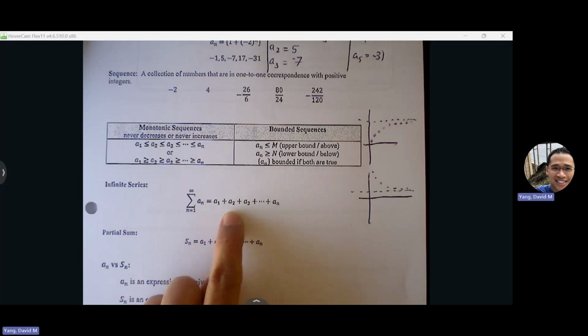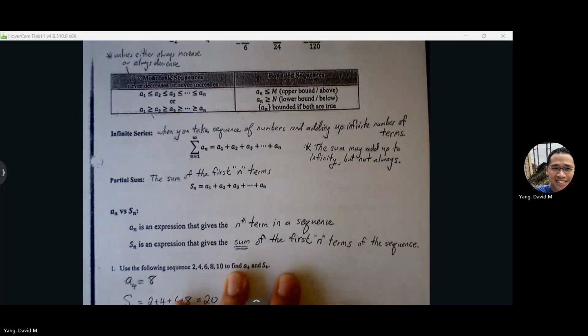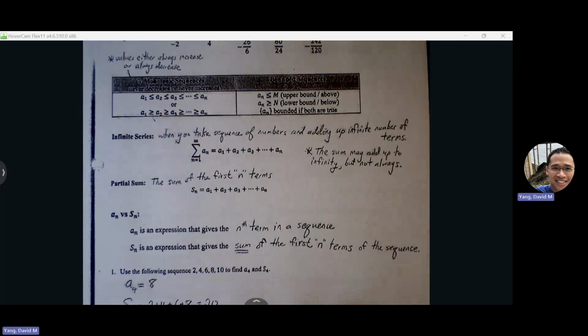If I have an infinite series, we're taking a sequence or rule of a sequence and adding all those terms together. So an infinite series is when you take a sequence of numbers and add up an infinite number of terms. The sum may add up to be infinity, but not always.